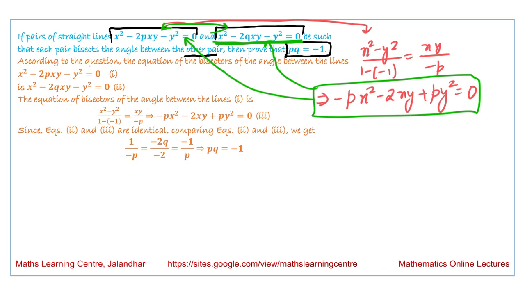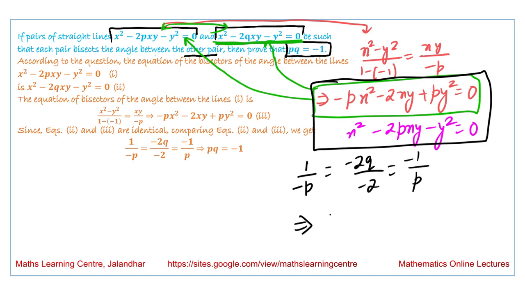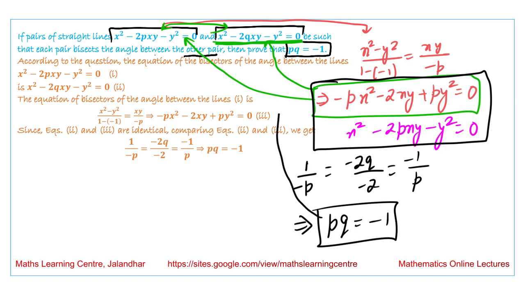So if both these equations, I am talking about this second equation, it is x square minus 2pxy minus y square is equal to 0. So if both these equations are same, it means we will have 1 over minus p, that is equal to minus 2q over minus 2, that is equal to minus 1 over p, and this implies that pq is equal to minus 1, and this is the condition that we have to prove.